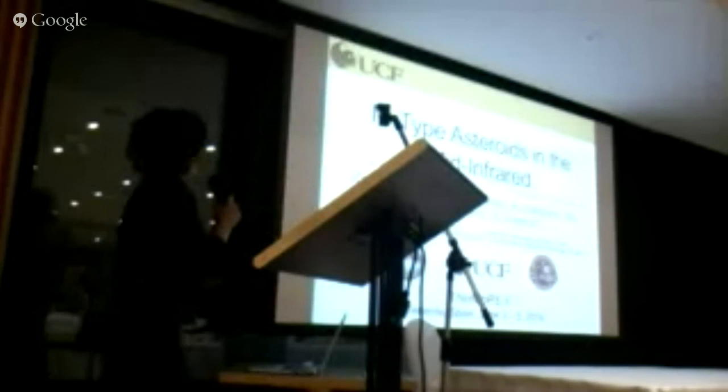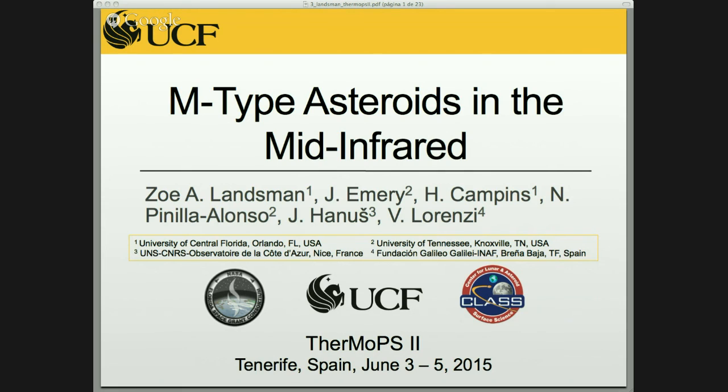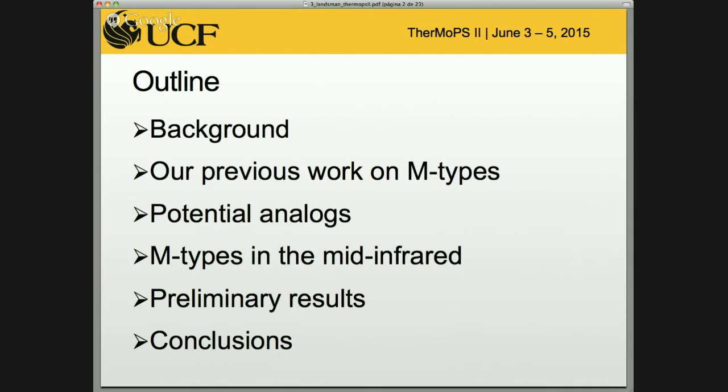Okay, so I'm going to talk today about the M-type asteroids in the mid-infrared. We can learn about them from that wavelength range. So here's the outline of my talk. I'm going to go into just a bit of background about what the M-types are, as part of that wonderful alphabet soup that is asteroid taxonomy. And then I'm going to discuss the previous work that I've done with my collaborators on the M-types at shorter wavelengths.